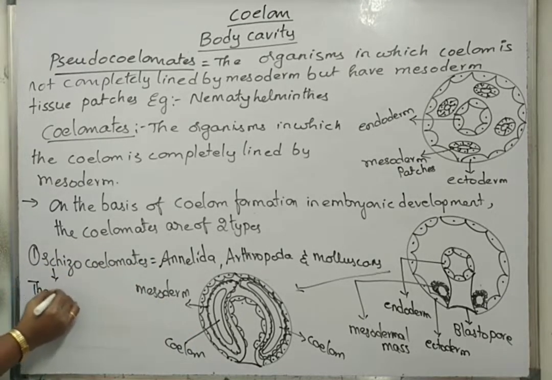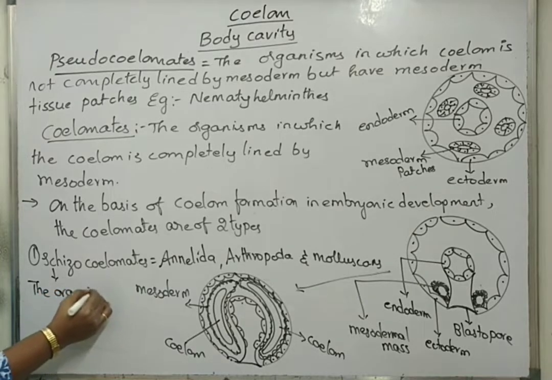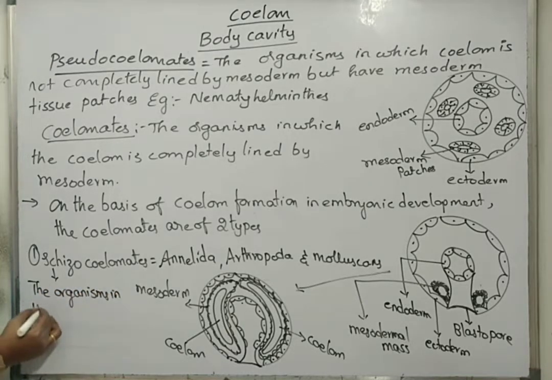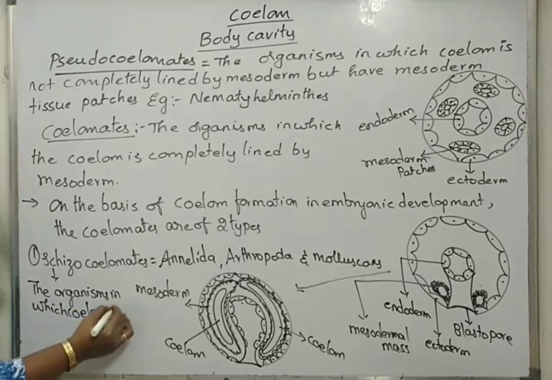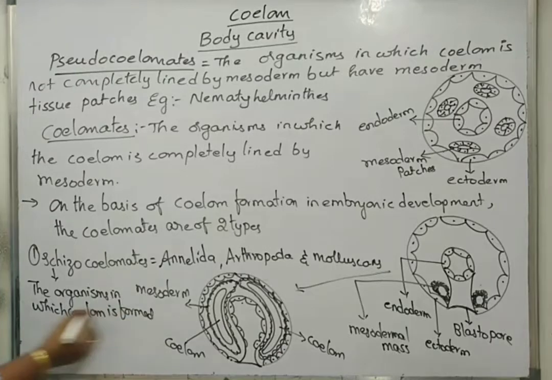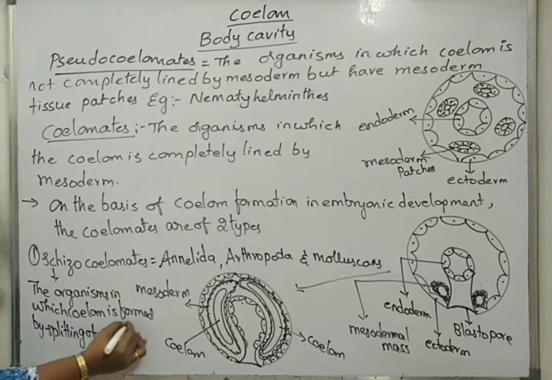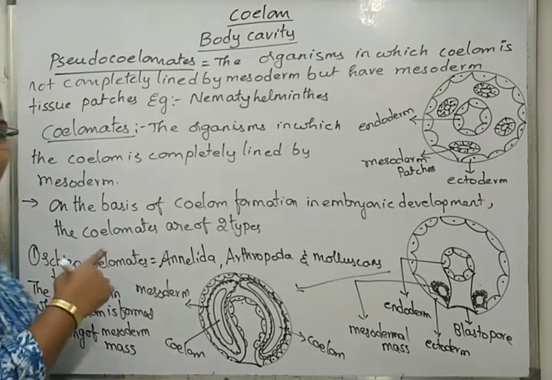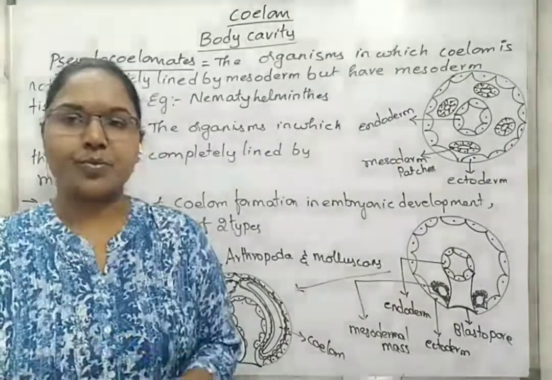The organisms in which coelom is formed by splitting of mesoderm. You write mesodermal mass.